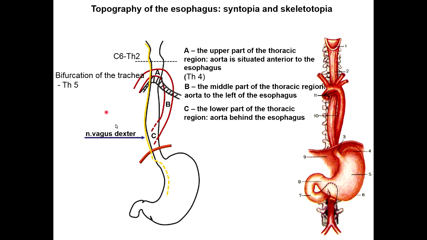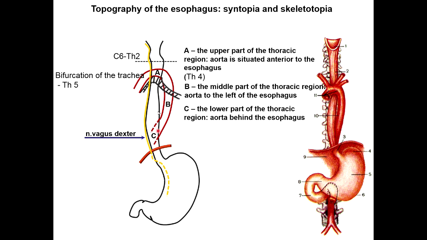And then, after penetrating the diaphragm, we can find the vagus as a dotted line posteriorly to the corpus ventriculi. This is gaster or ventriculus, and we can see that the right vagus nerve is located posteriorly to the corpus ventriculi.